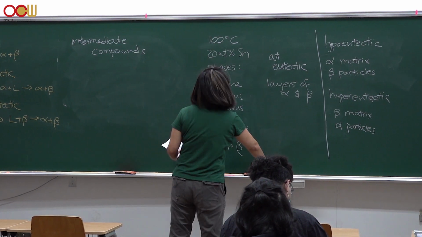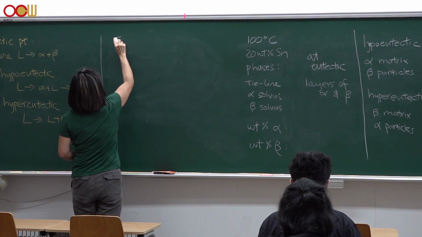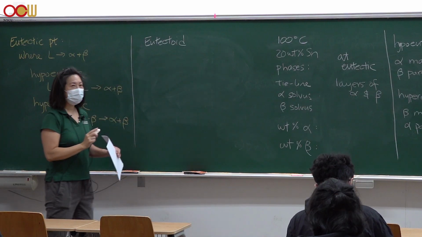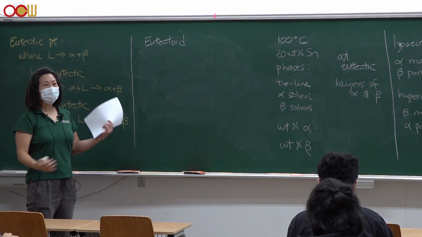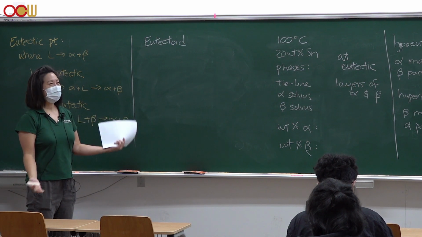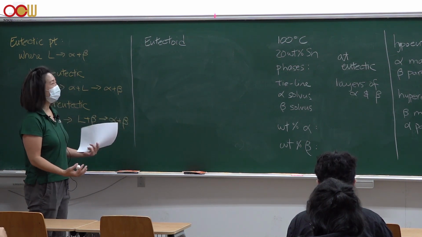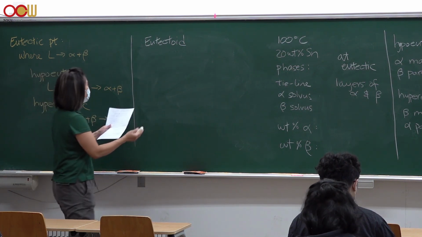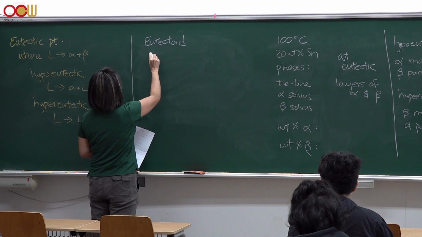So we talked about the eutectic. There's something else called the eutectoid. And I'm sorry that there are all these unfamiliar words that are very similar to each other. That's just what they decided to use for phase diagrams. So you do have to do a little bit of memorization. A eutectoid is from one solid phase to two solid phases.